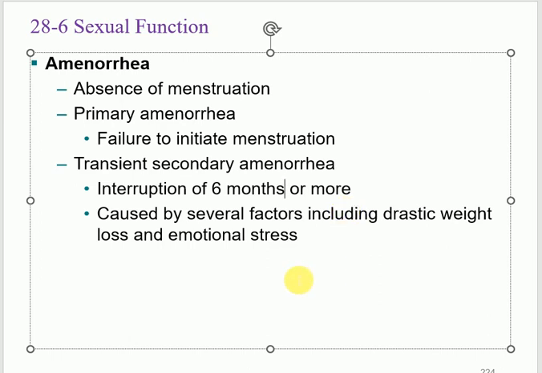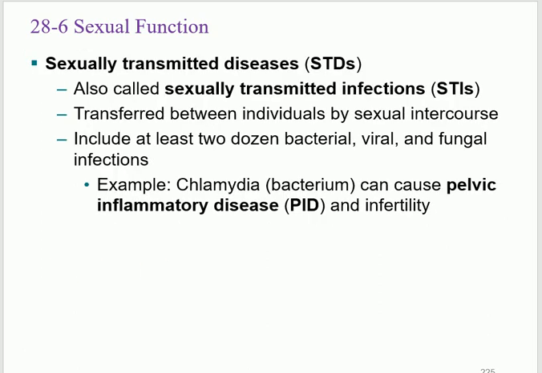It can be anything. But just understand the idea of amenorrhea, no menstruation. And this is different than dysmenorrhea. See the difference? A versus this. A, no. DYS, painful. Amenorrhea, no menstruation. Dysmenorrhea, painful menstruation.